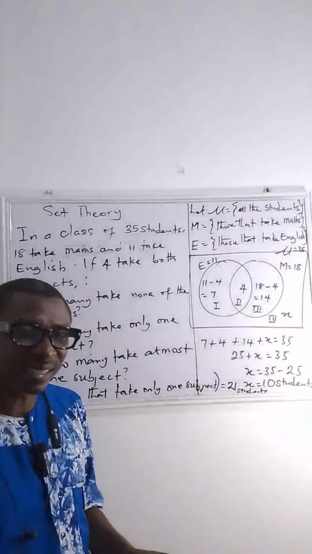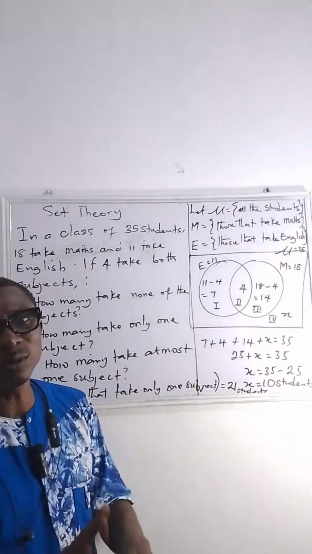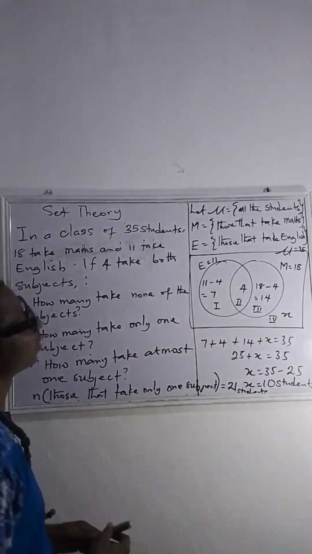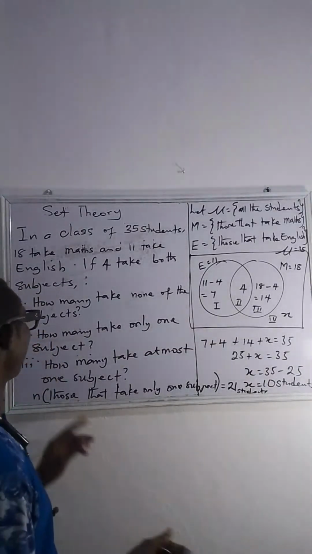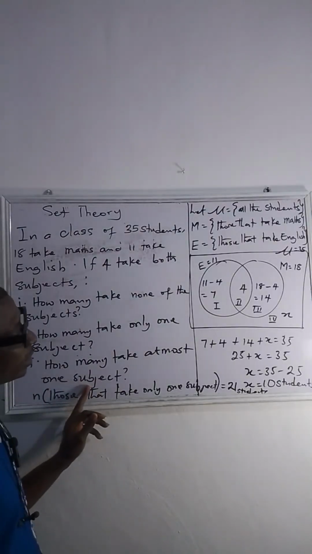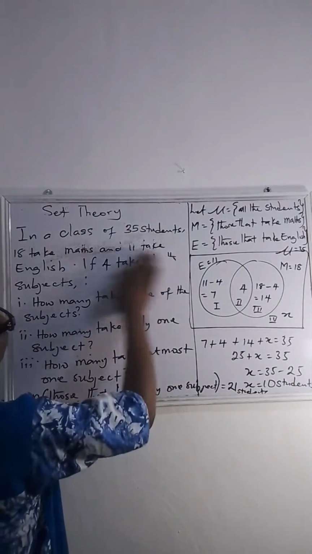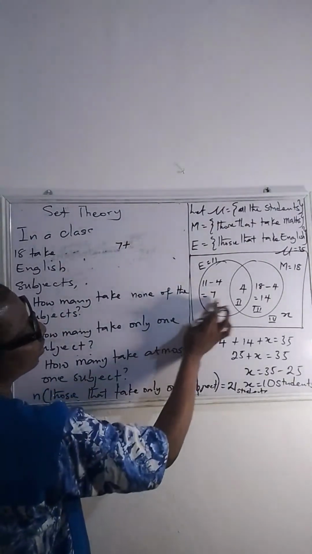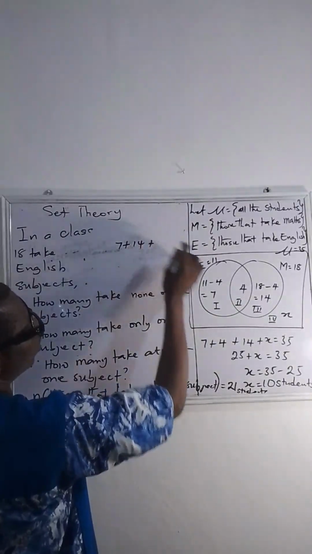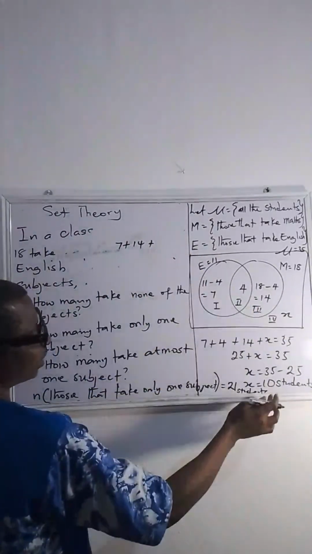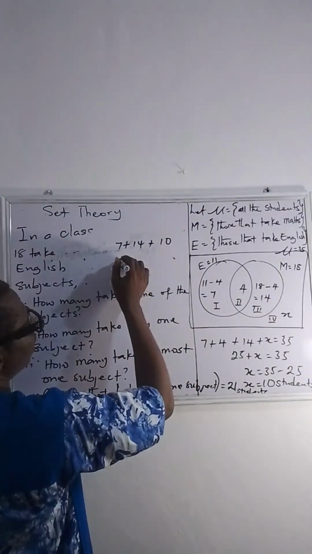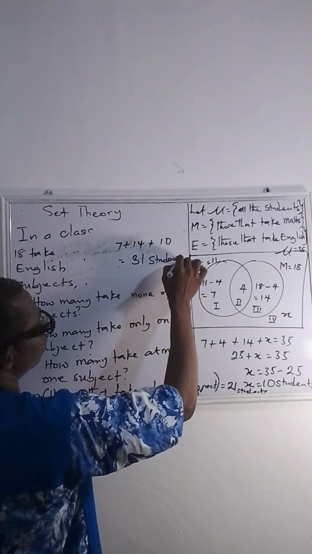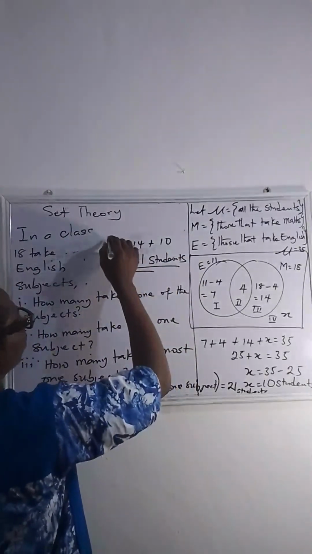So in this context, those that take at most one subject, we're going to have 7 plus 1 plus 14 plus x. x is what? 10. So when you add everything together, you're supposed to have 31 students. So that is going to be the answer to that problem, right?